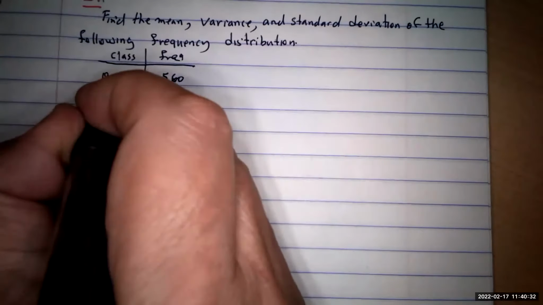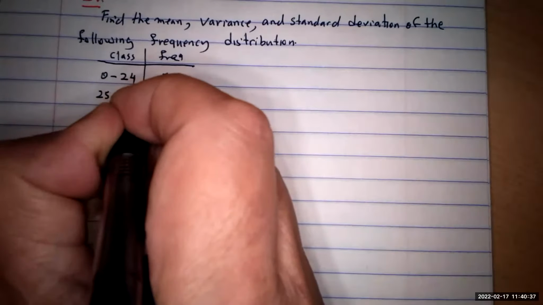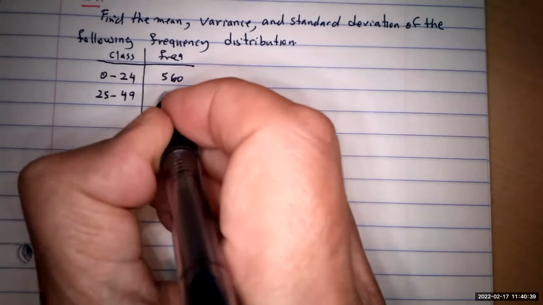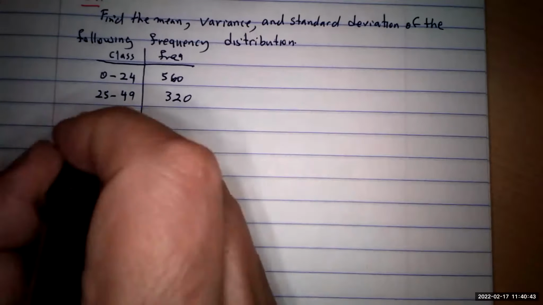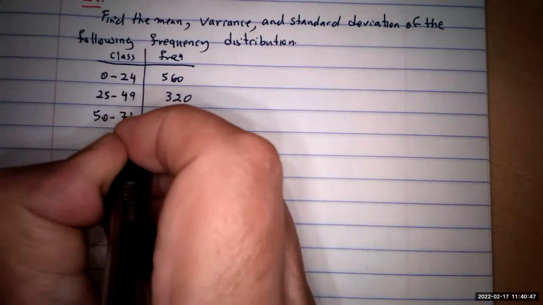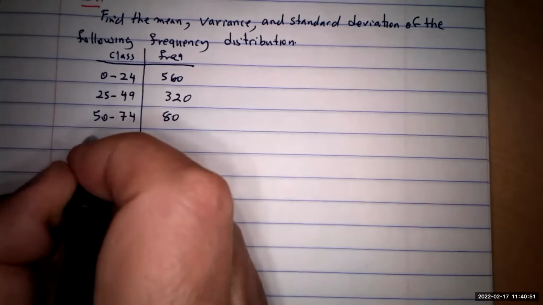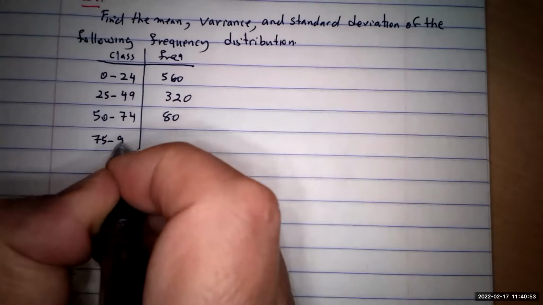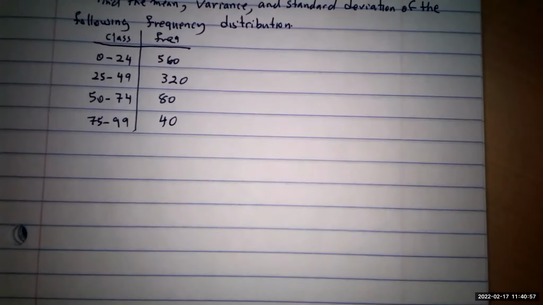Then a class between 25 and 49, 320. Then the class 50 and 74, frequency of 80, and 75 and 99, frequency of 40. So this is all we'll be given.